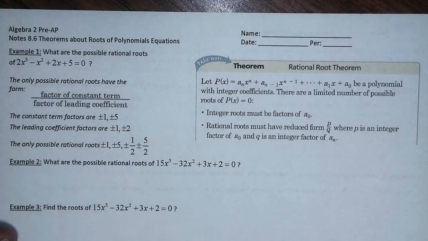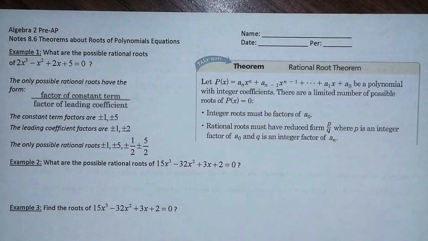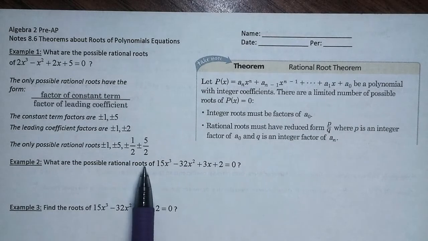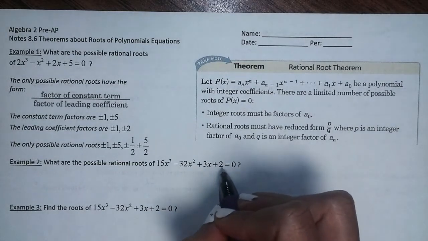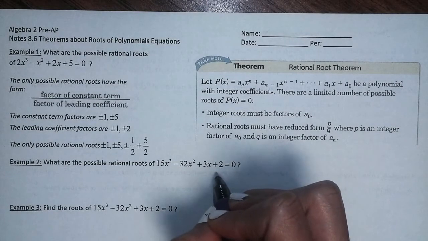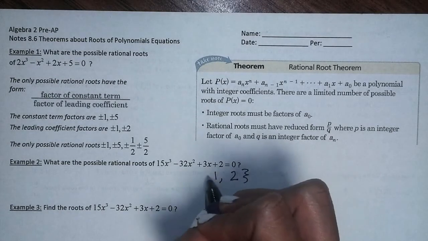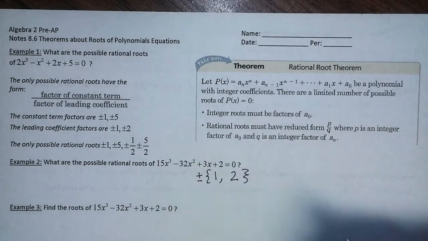So they're right here. All right, so now let's actually try an example together. Example 2. What are the possible rational roots of this other cubic here? So again, what we're going to do is list the factors of the constant. So that's just going to be 1 and 2. And technically that should be plus or minus.